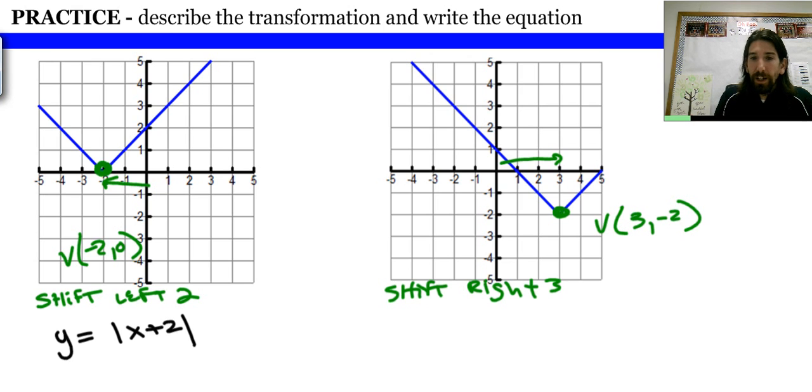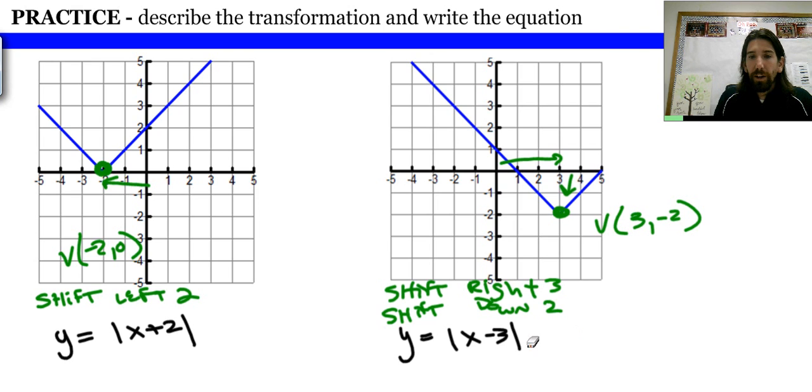Shifting to the right means that I have to subtract the number on the inside. But it also went down 2. How do you shift down 2? You subtract a number on the outside. So this equation matches this graph.